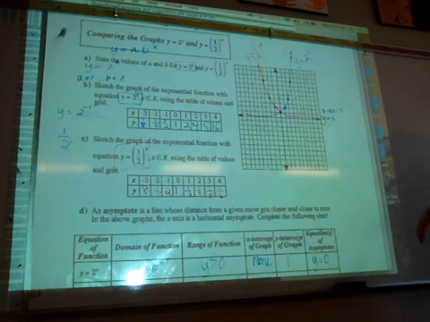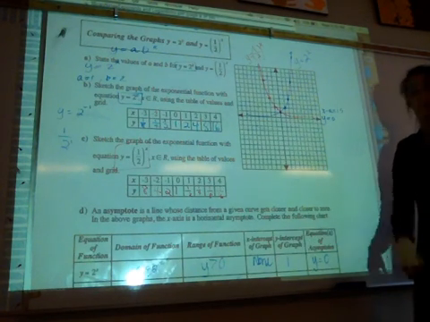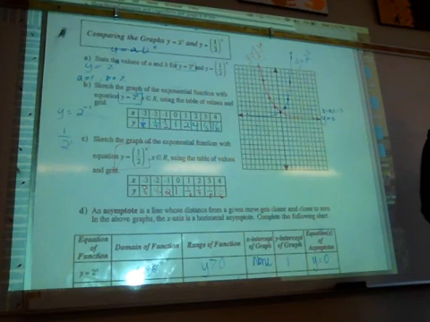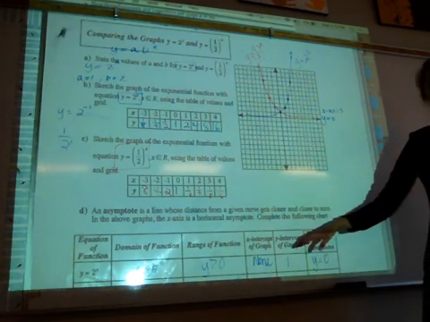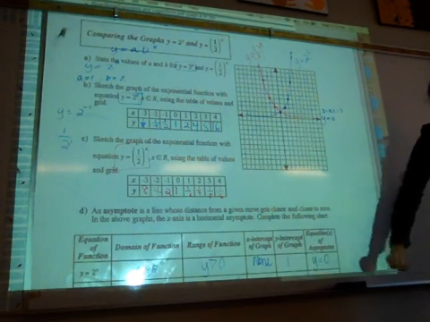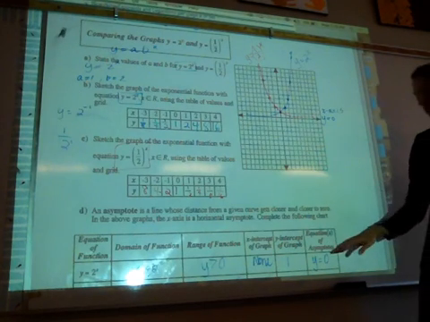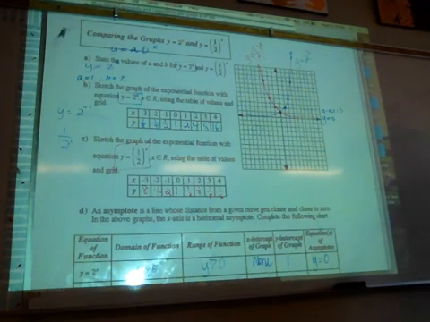No x-intercepts. Good. How about the y-intercept? 1. Good. You guys are filling in the table as we're talking, right? And then the equation of the asymptote? Y equals 0. So, any of that information different? No, it's all the same.